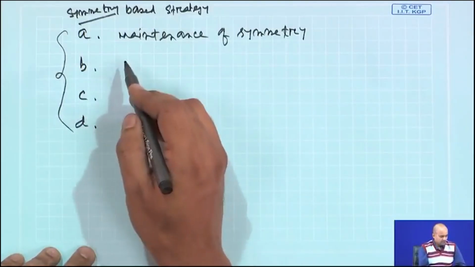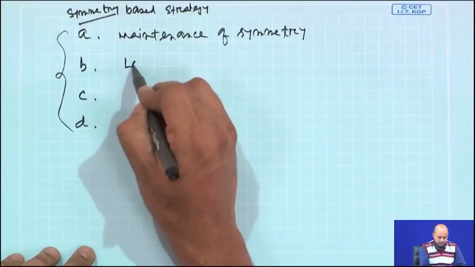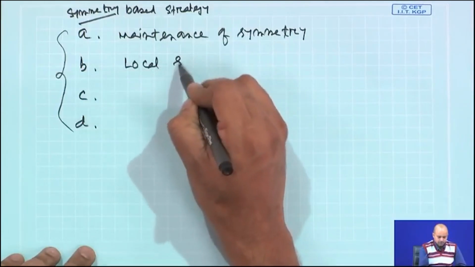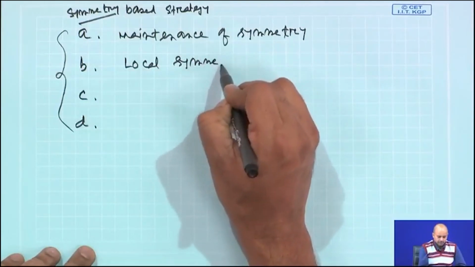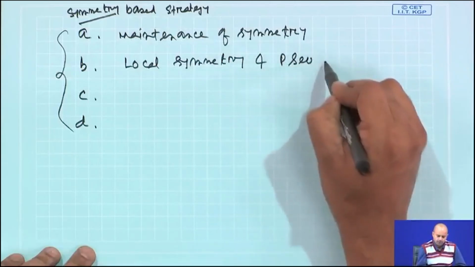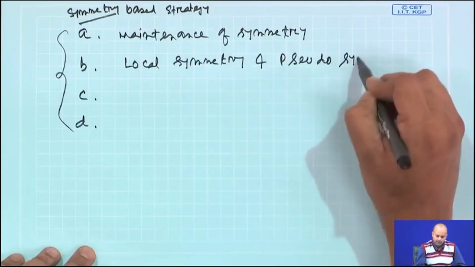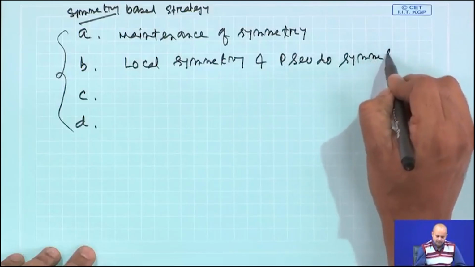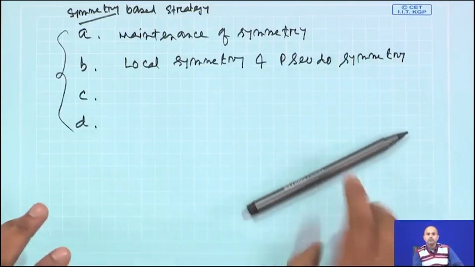And then we will be talking about this particular terminology, local symmetry and pseudo symmetry. These two are very important terminologies. Sometimes you will find that the entire molecule is not symmetrical, but part of the molecule is symmetrical.